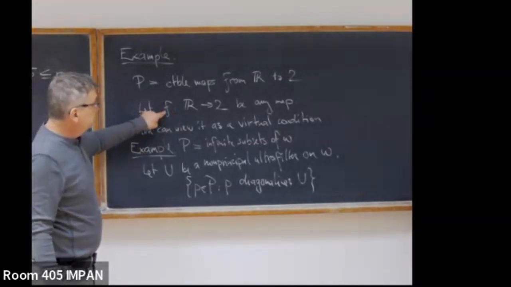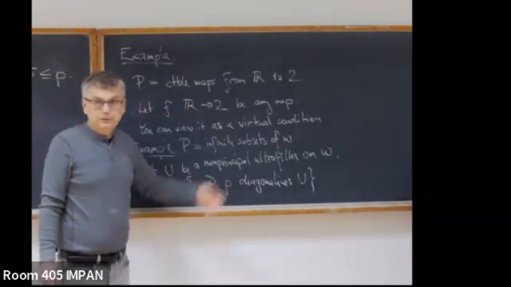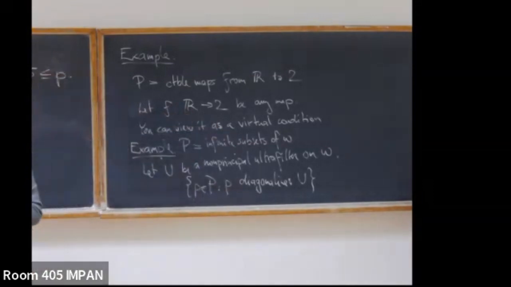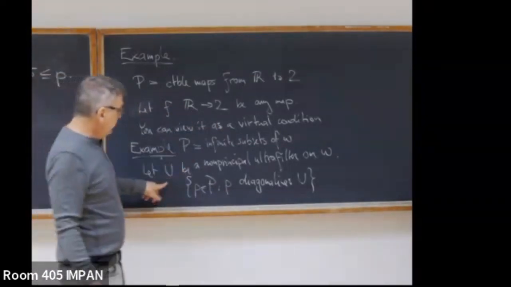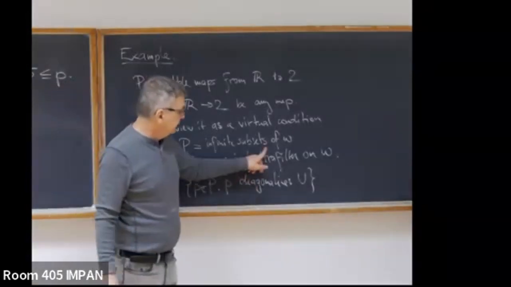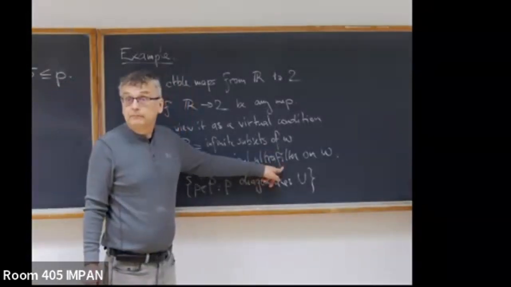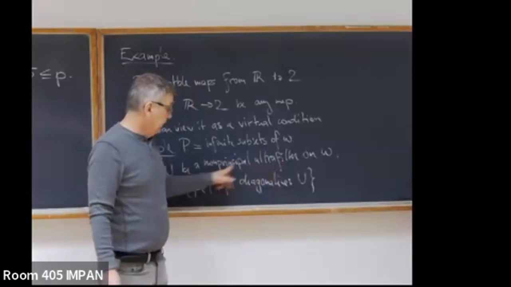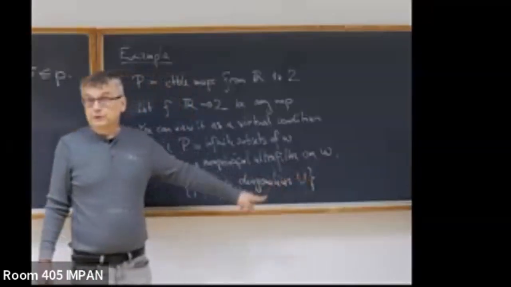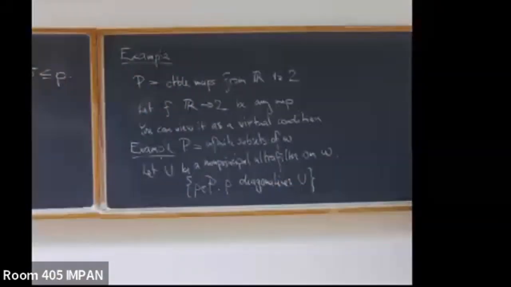But if you extend it to a total function, then the resulting virtual condition is balanced. And here, if I instead just stated that this was a filter, then this would still be a virtual condition, and if you want to balance it, you need to go to a larger object.